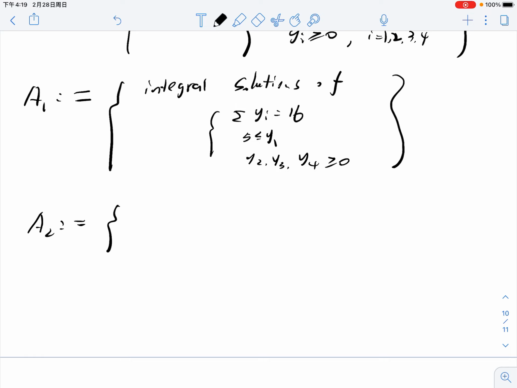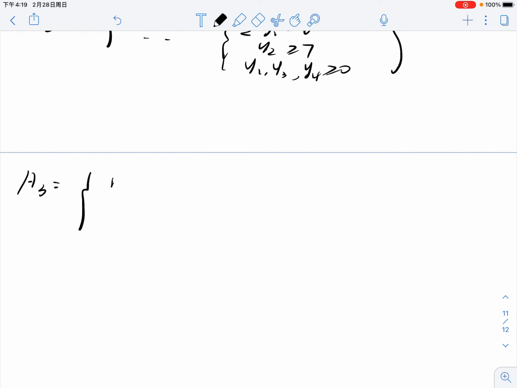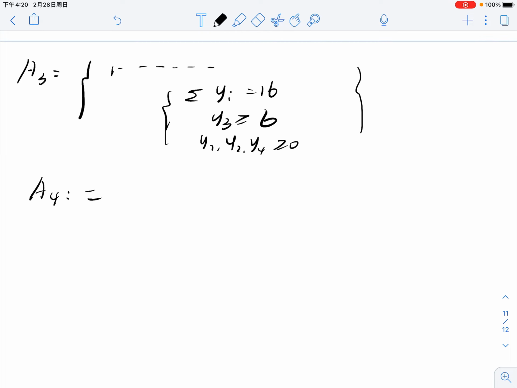And the A2 will be integral solutions of summation equals 16, y2 greater than or equal to 5, y1, y3, y4 greater equal to 0, and the A3 is integral solutions of summation yi equals 16, y3 greater than or equal to 6, y1, y2, y4 greater than or equal to 0, and A4 is integral solutions of summation yi is 16, y4 greater than or equal to 7, y1, y2, y3 greater than or equal to 0.